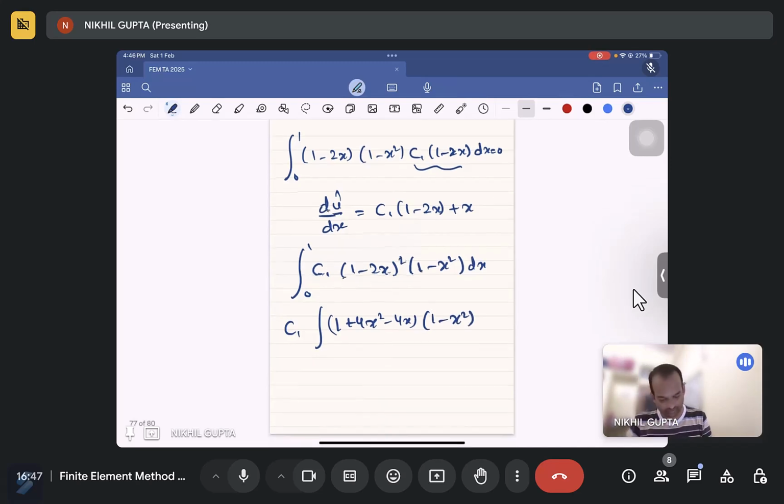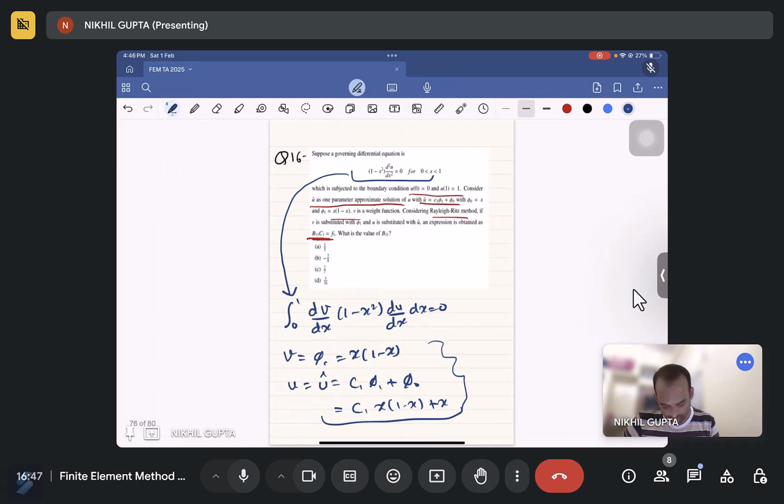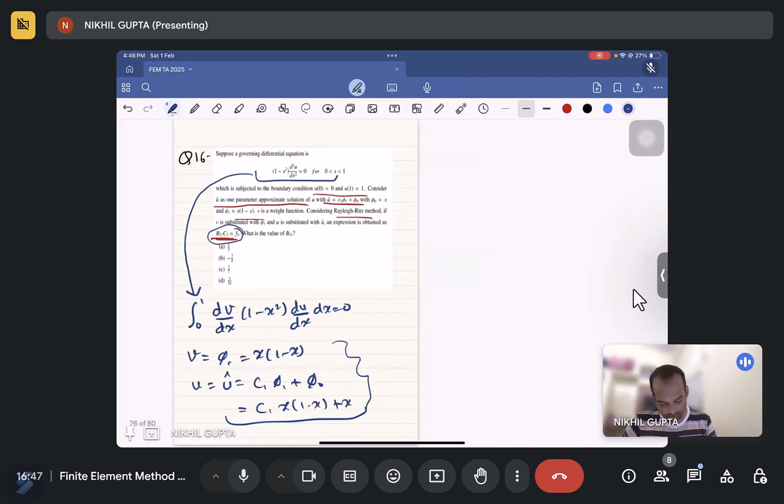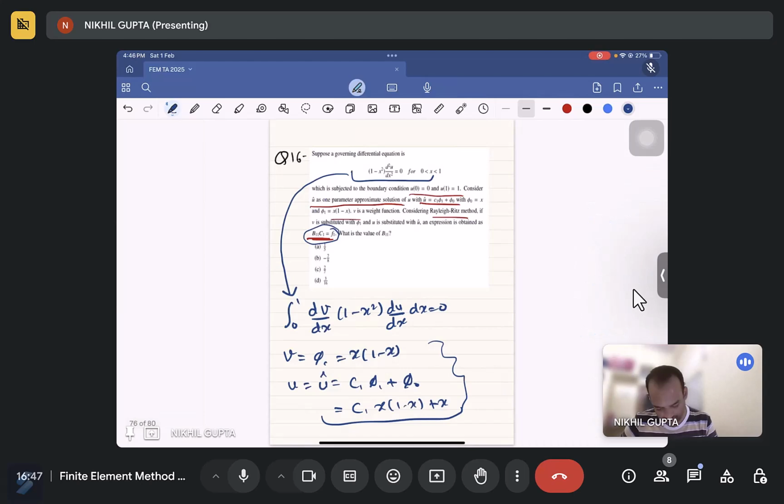There's some simple integration. So you will get c1 times minus 4x power 5 upon 5 plus x power 4 plus x cube minus 2x square plus x from 0 to 1, and you will get c1 into 1 by 5. So in the question it is saying f1 equals b11 c1. So b11 will be this, which is 1 by 5. So the answer will be A.